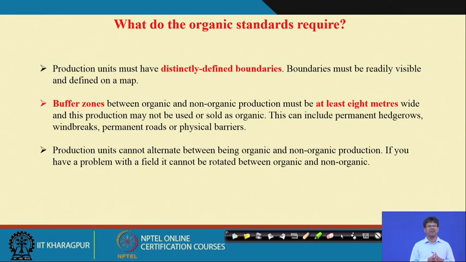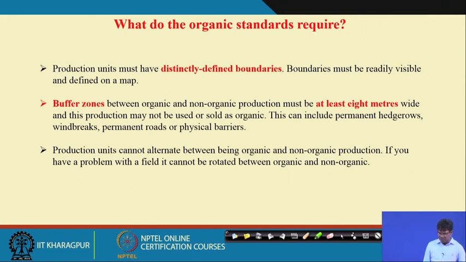So, the buffer zone can be utilized for growing those crops. This length is needed to avoid any movement of water, nutrients or pesticides from the chemical farming to the organic farming. So, at least an 8 meter buffer zone should be there between organic and chemical plots.